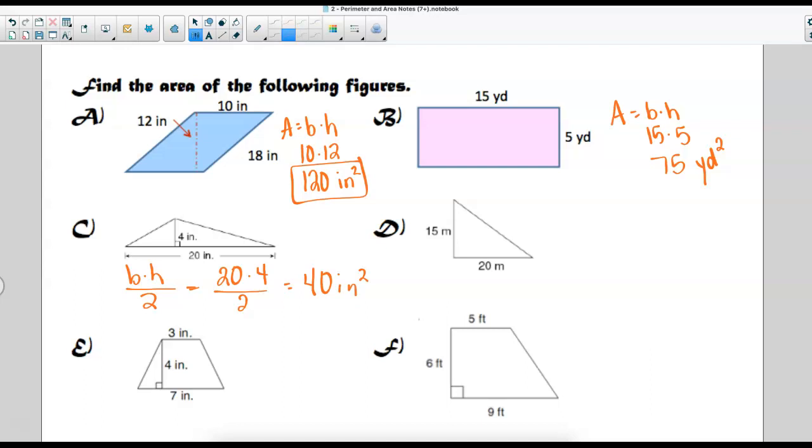Okay, you do letter D. Again, it's a triangle. Find the area.